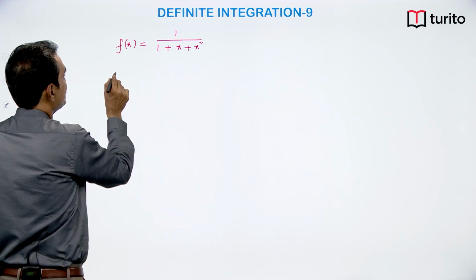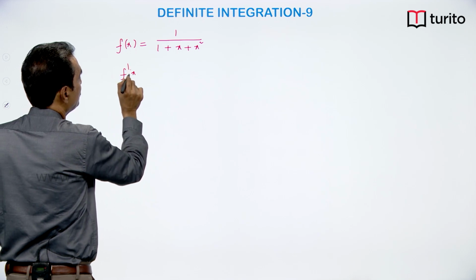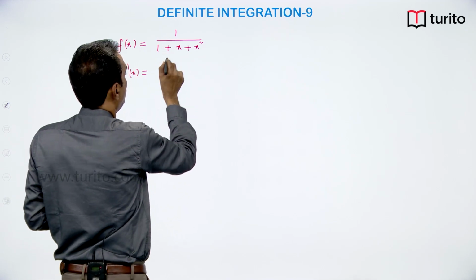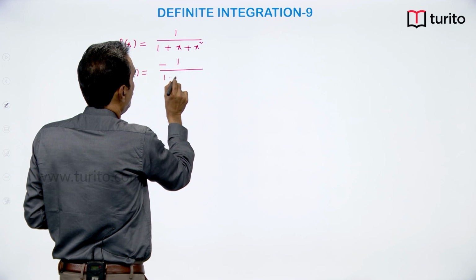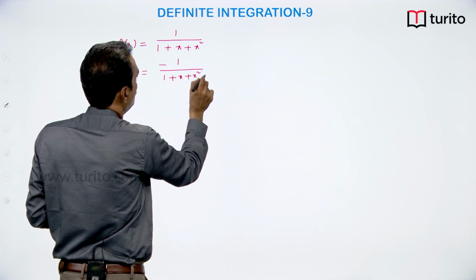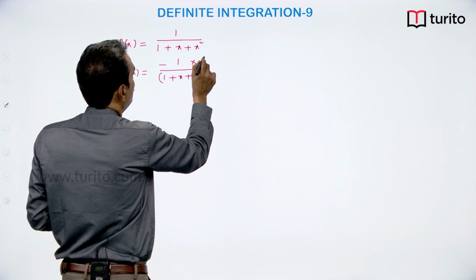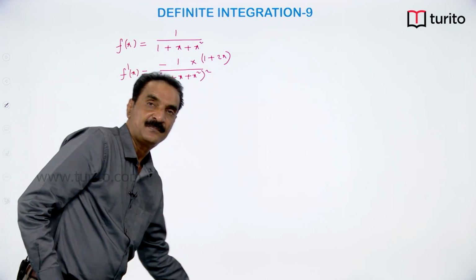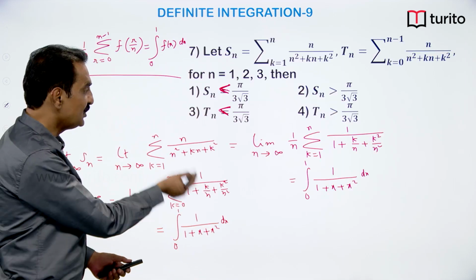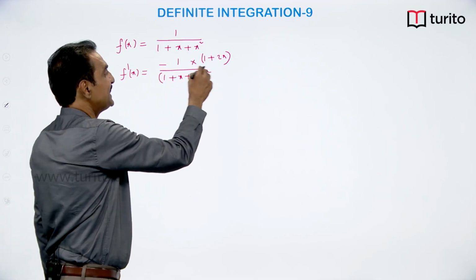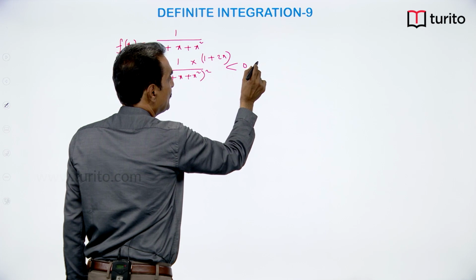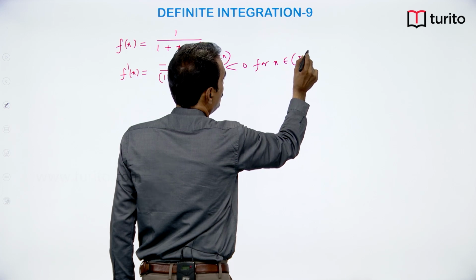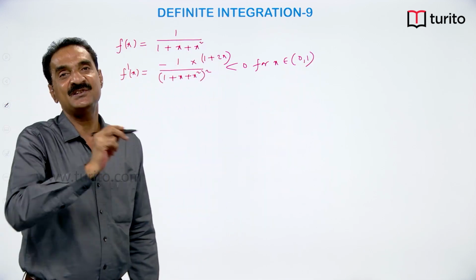If you find f dash x, f dash x will be minus 1 by 1 plus x square whole square into 1 plus 2x. What is the interval? The interval of integration is 0 to 1. In the interval 0 to 1, this is less than 0 for x belongs to 0 to 1. That means it is a strictly decreasing function.